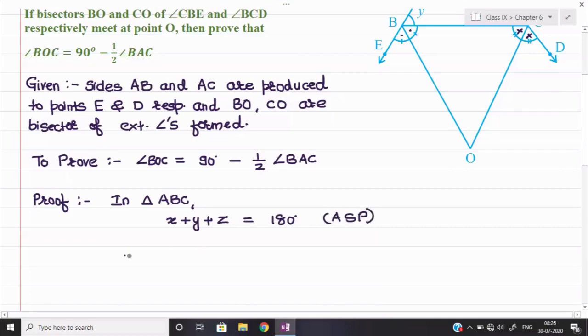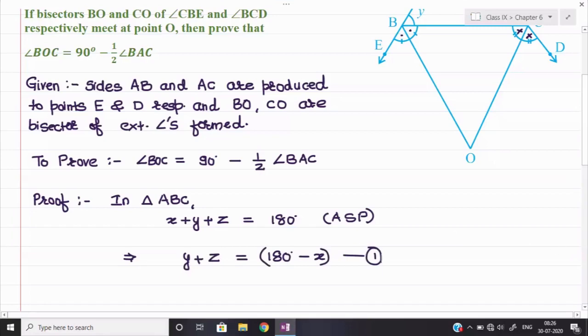Now from here, the value of Y plus Z, which you need to remember, is 180 minus X. And this will be equation number 1.